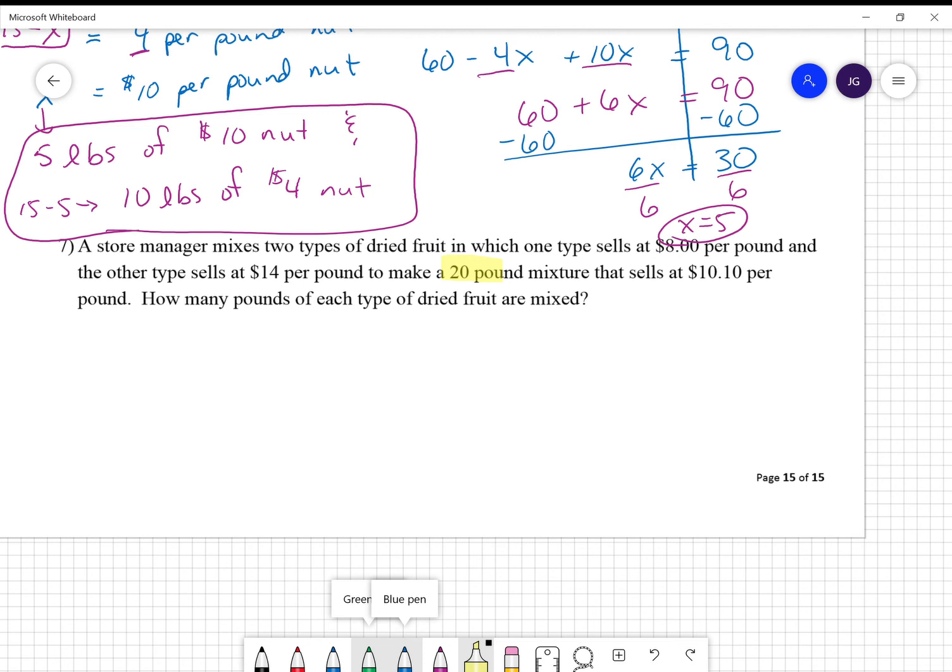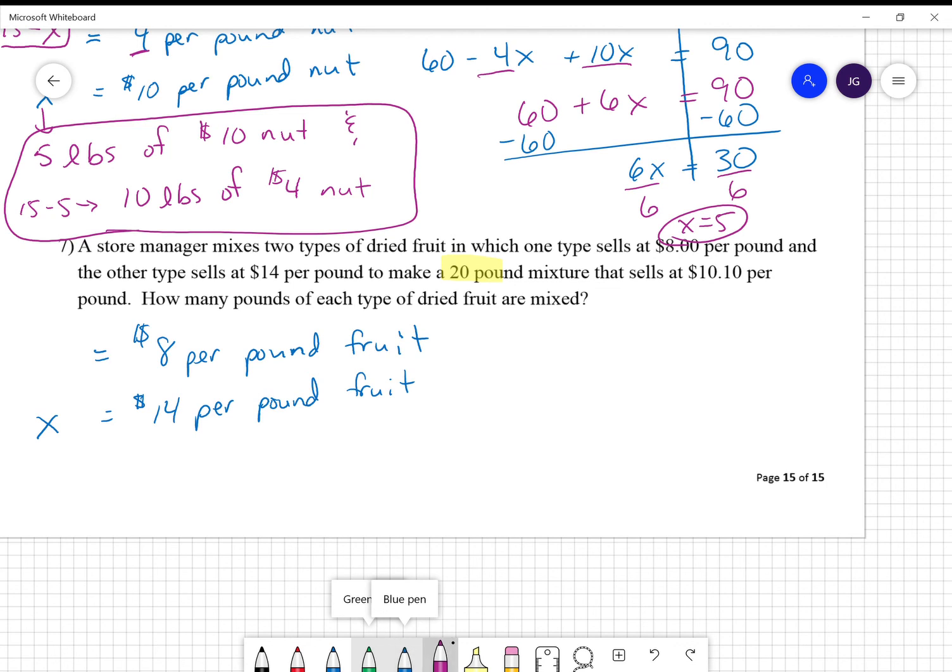Okay, so my unknowns are the $8 per pound fruit and the $14 per pound fruit. The 14 is more expensive, so I want to make that X. So the $8 per pound is my total pound, 20, minus X.